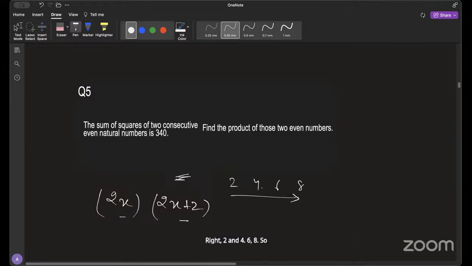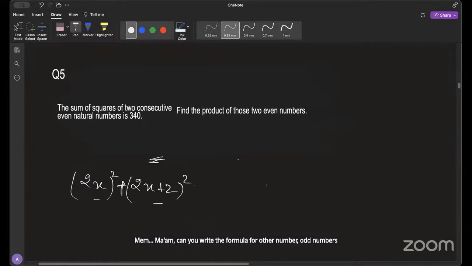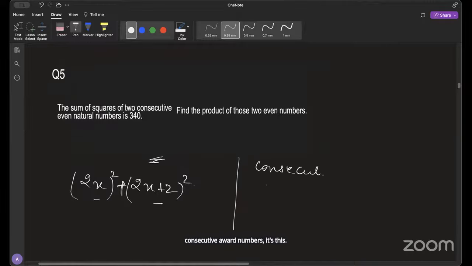So these are consecutive even numbers. And then the sum of squares is this. Ma'am, can you write the formula for two consecutive odd numbers? Consecutive odd numbers, it's this.